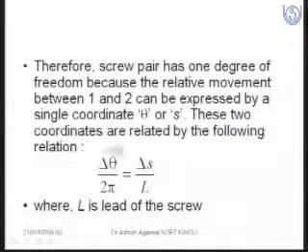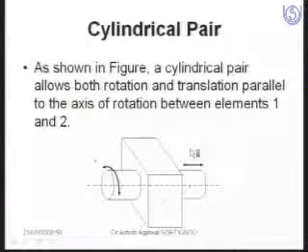This is your simple formula for calculating this, where L is the lead of the screw, that is the angle between two tangents, and this is the pitch. So these two coordinates are related by this formula. That is why it is said to have a single degree of freedom.